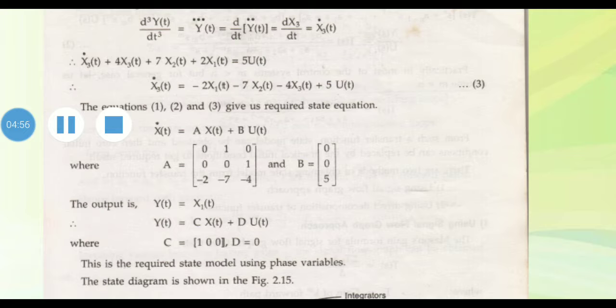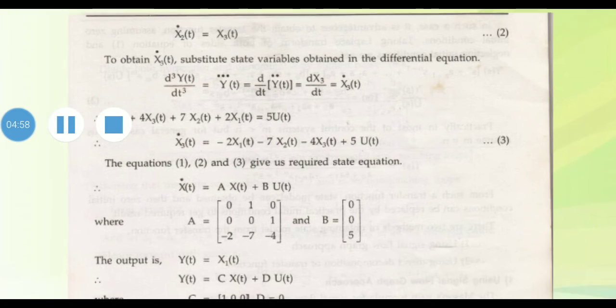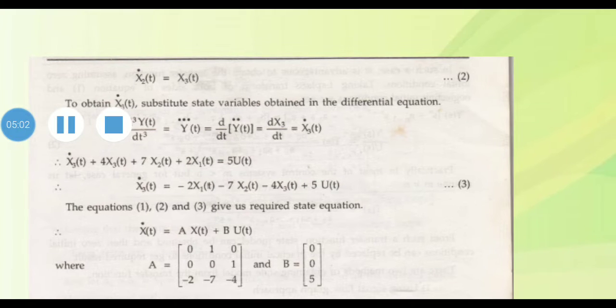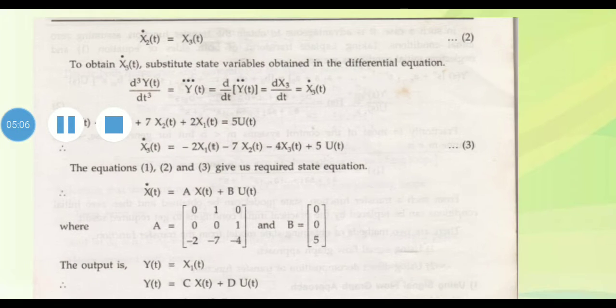Take equation 1 first: x1 dot(t) = x2(t). Only the x2(t) term exists, so here it is 1, and the remaining x1 and x3 coefficients are 0.